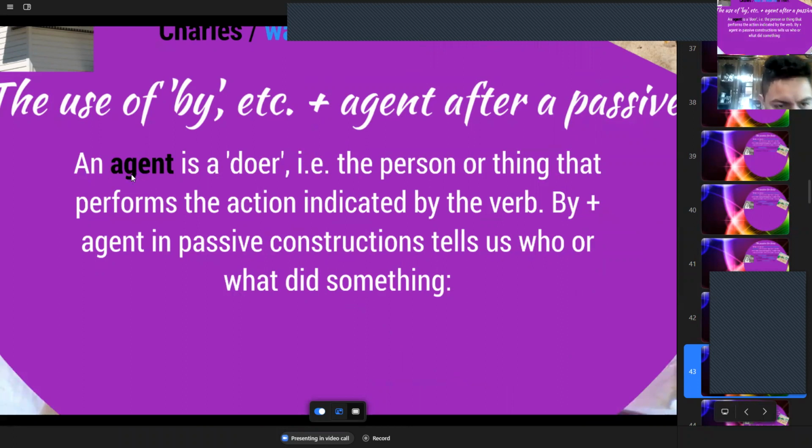An agent is a doer. For example, the person who performs the action indicated.